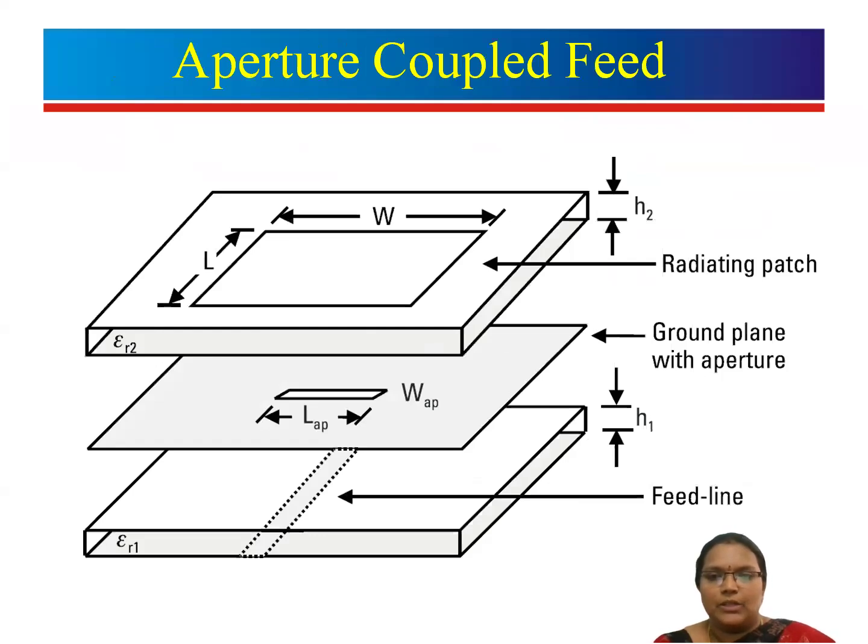So here the ground plane is sandwiched between these two substrates. First one is the radiating patch and next one is the feed line, connected in the first dielectric substrate, and then the patch is connected to the second dielectric substrate. There is a small gap provided in the ground plane such that there should be a coupling between dielectric substrate 1 and dielectric substrate 2.